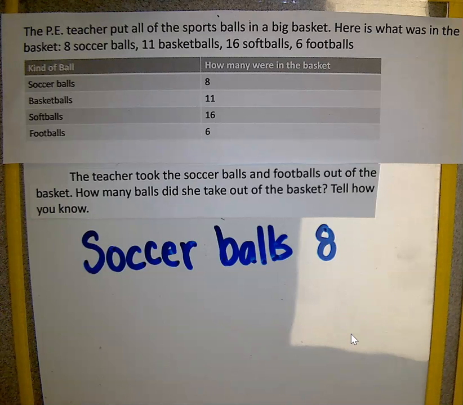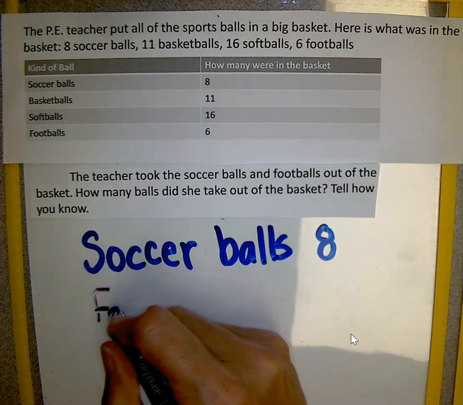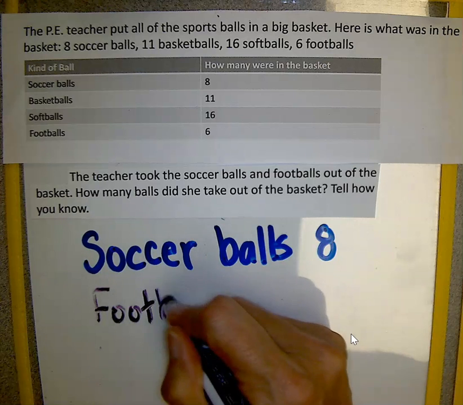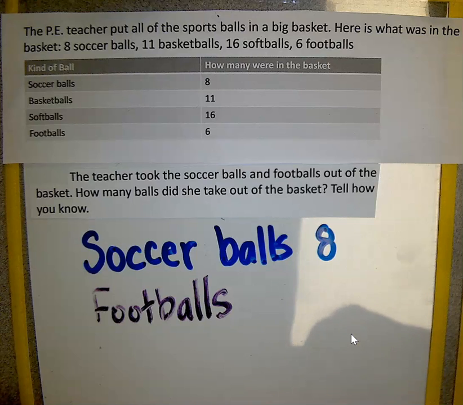Now, what else do we need to know? That's right, the teacher took out some footballs. How many did she take out if she took out all of the footballs out of the basket?